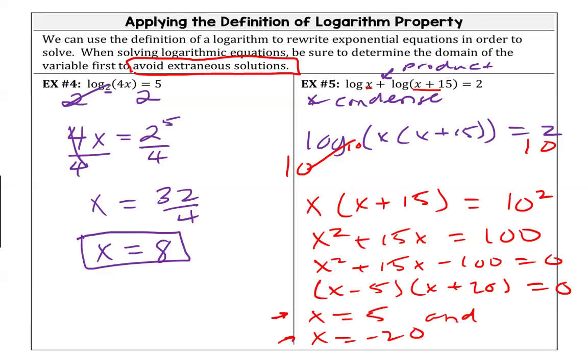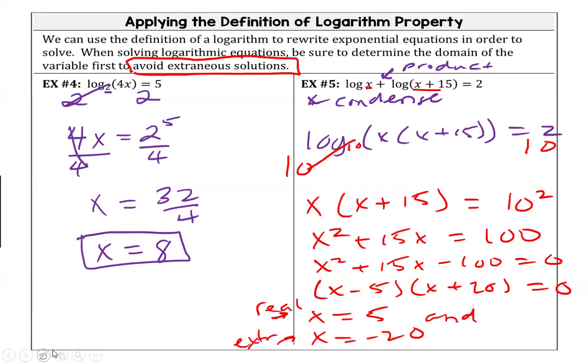Does that make sense? So if I plug 5 into both of these, this is going to stay positive, correct? So 5 is a real solution. We're good. However, if I plug negative 20 in, it's going to make both of my arguments what? It makes both of my arguments negative. So this is what we call an extraneous solution. Okay.